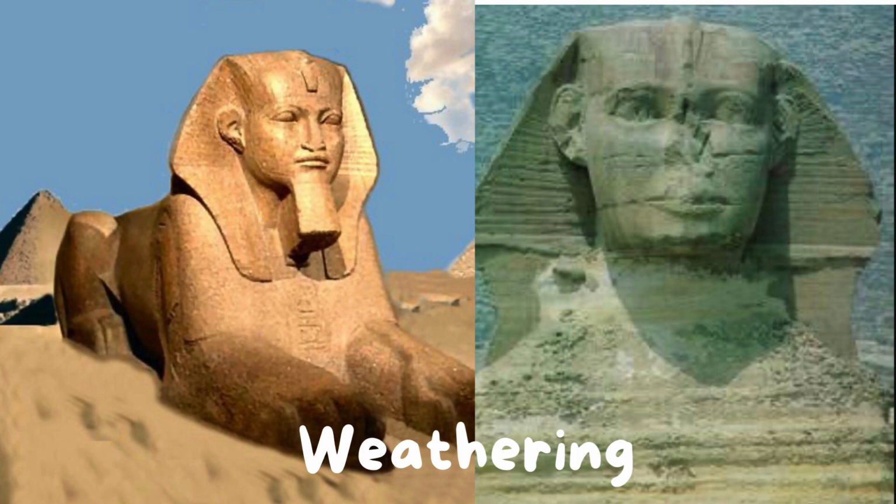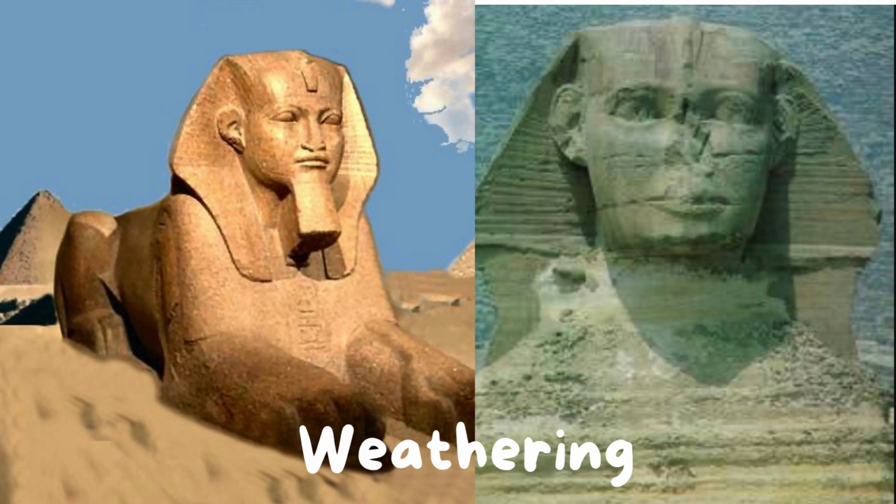As we see the difference between the original look, this is imaginary, and what we see of the Sphinx now, weathering occurred. The breakdown of some rocks in the Sphinx happens due to the effect of rain, wind, or changes in temperature.